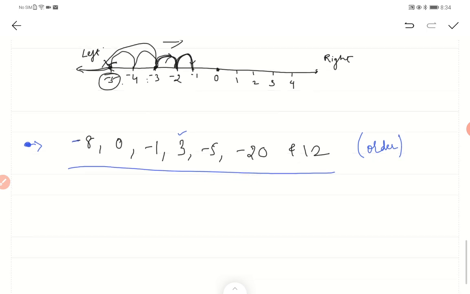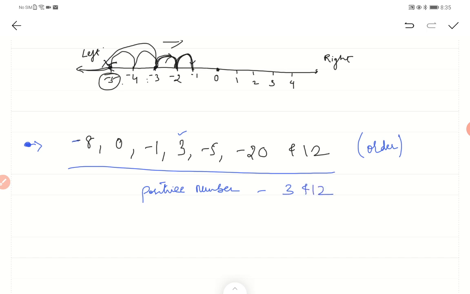First step, you write separately which are your positive numbers. You have positive numbers here, 3 and 12, right?